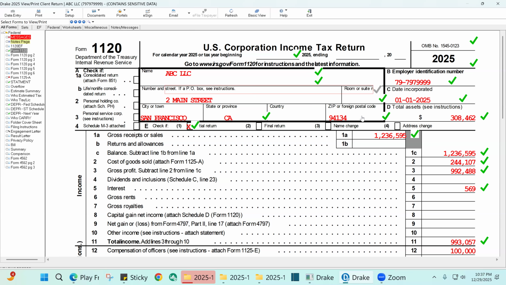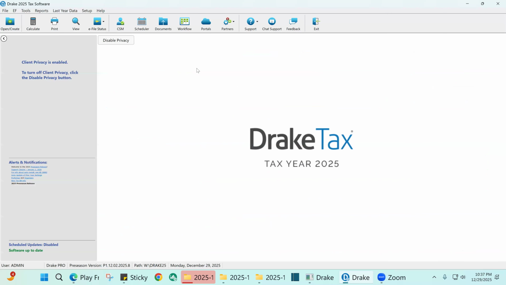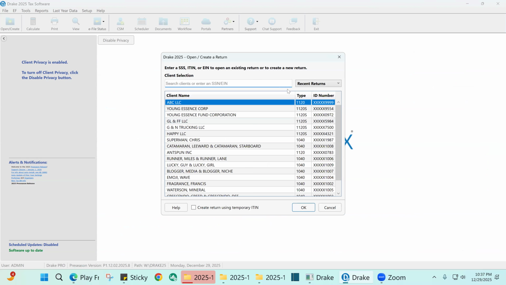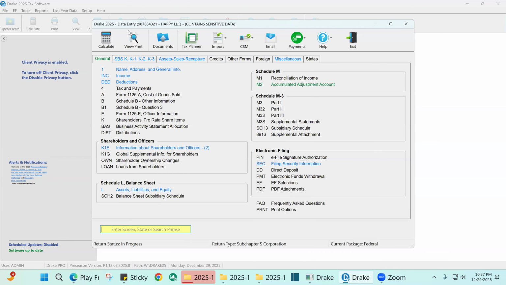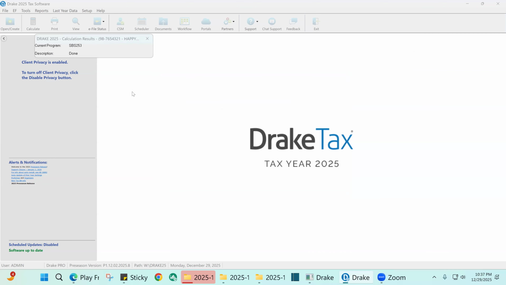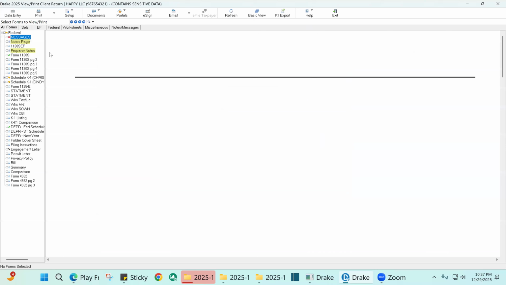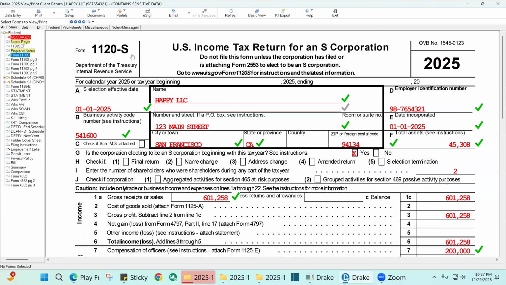Okay, now, do you remember when you did the 1120S? Do you see the far left corner?